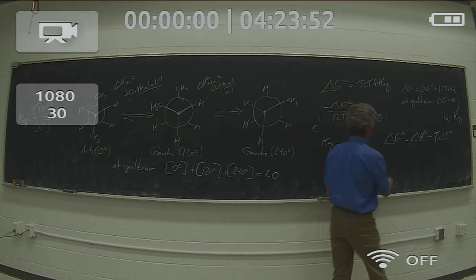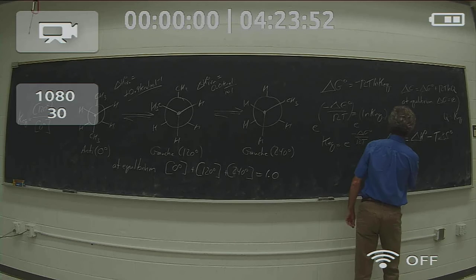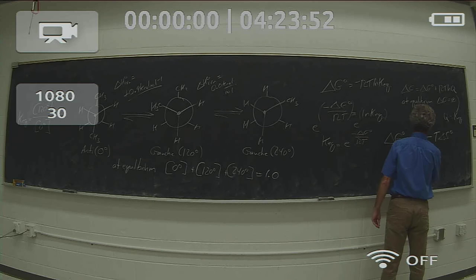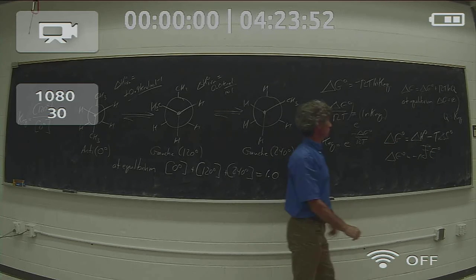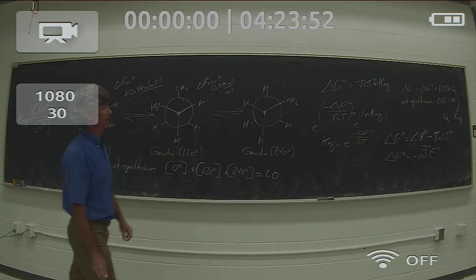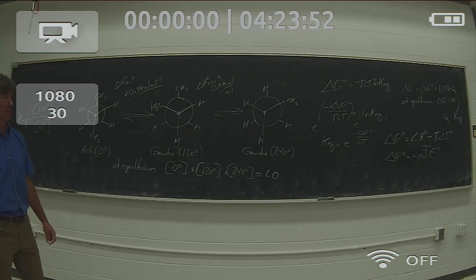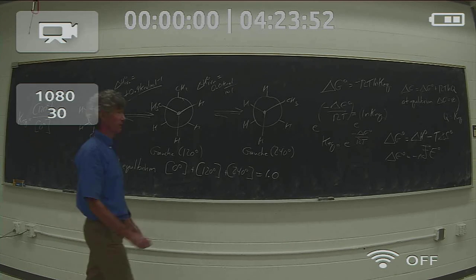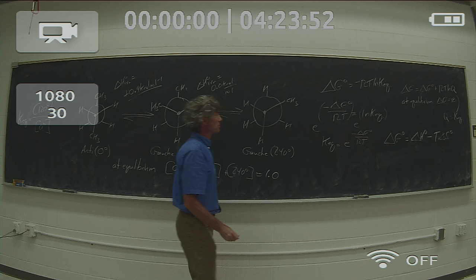And hopefully, the third equation that you should remember from general chemistry, that delta G0 is also equal to minus n times Faraday's constant times the cell potential E0. Delta G0 equals minus nFE0. That's for electrochemistry. We won't be working with it in this course, so you don't really need to.